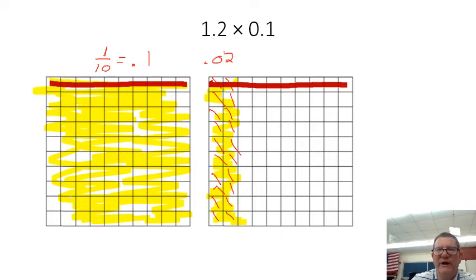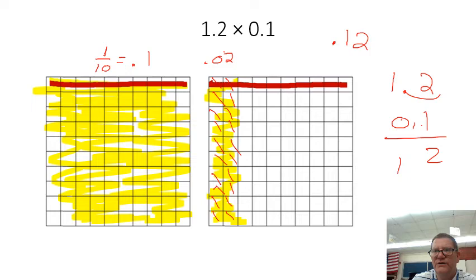So with these two combined together, you would end up with 0.12. Now let's see how this works when we just multiply it out. Well, we know 1 times 2 is 2, 1 times 1 is 1, and I have 2 decimal places I need to put back in, and I end up with 12/100.